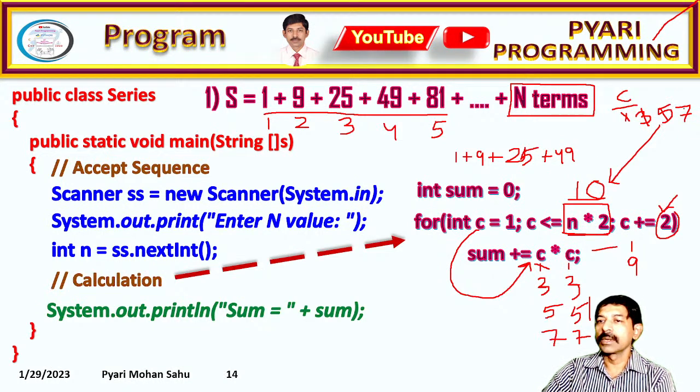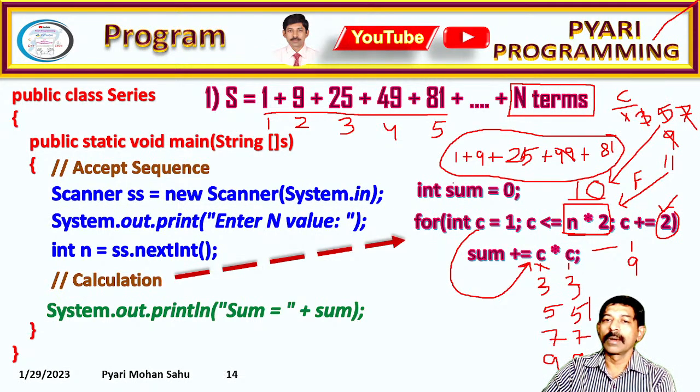Next time it is 9. 9 is less than equals to 10. True. So 9 into 9, this is your 81. Plus 81. Now next time 9 plus 2 is your 11. Now 11 is less than equals to 10. False. I will come out of it and I will give the sum in the form of your output.